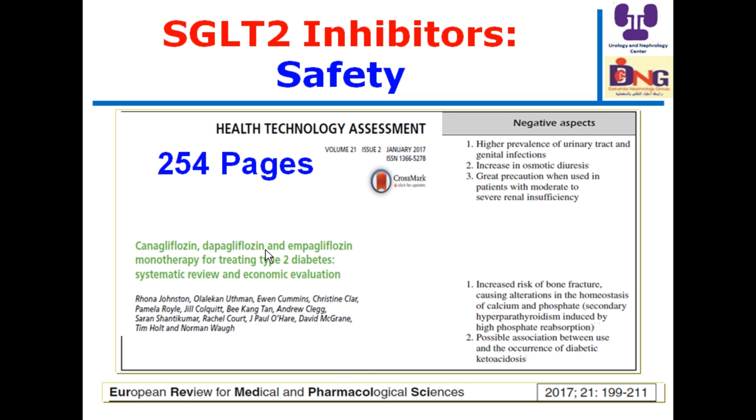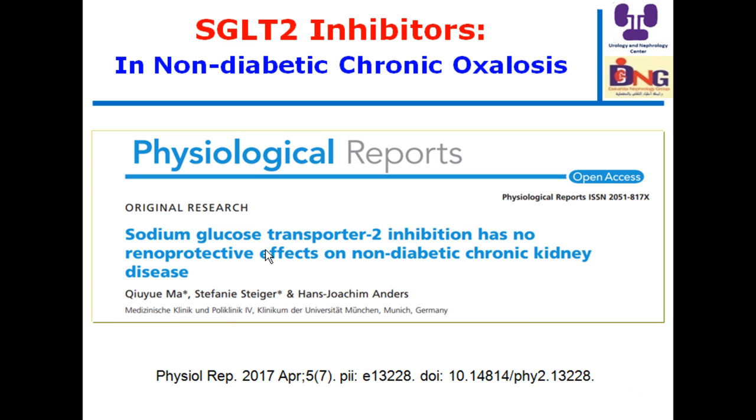A very interesting and smart question from the update. Can we use sodium glucose cotransporter 2 inhibition as renoprotective against non-diabetic chronic kidney disease? This is an experimental study done in rats. The rats were fed a high oxalate diet leading to chronic oxalate nephropathy and chronic kidney disease.